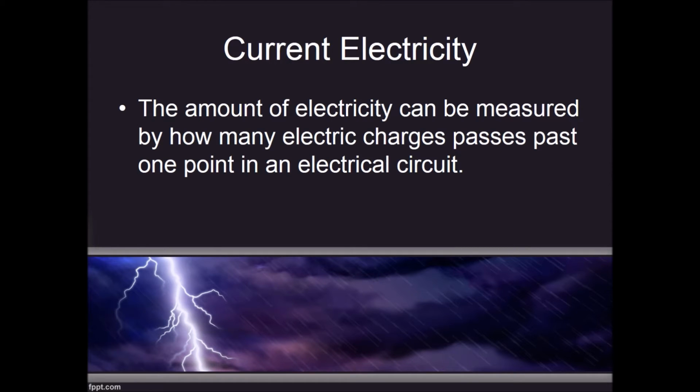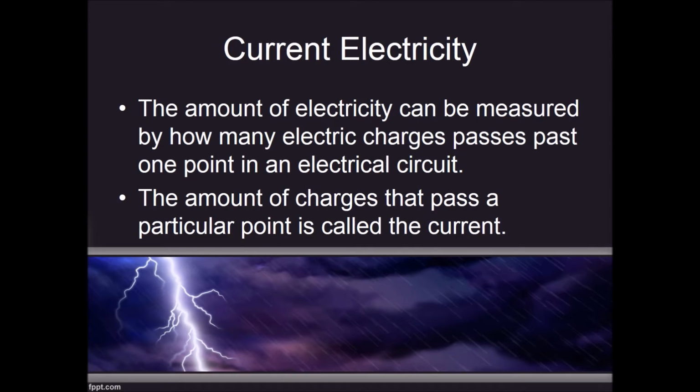Now, the amount of electricity is measured by how many electron charges go past a particular point in an electrical circuit. That's what we're measuring in this case. We're measuring the amount of charge that moves around a circuit, but we're measuring it at a particular point.